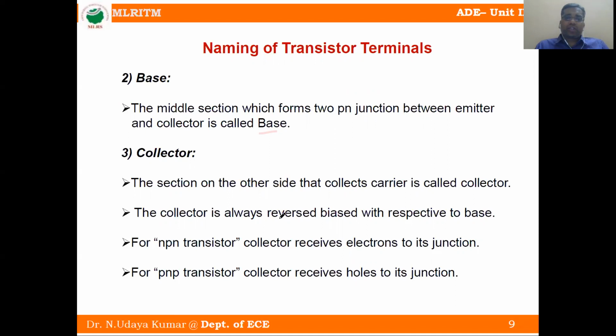The collector is always reverse biased with respect to the base. In an NPN transistor the collector receives the electrons at its junction, and in a PNP transistor the collector collects the holes, because in PNP the emitter's majority charge carriers are holes, so it emits holes. So the collector collects the holes.